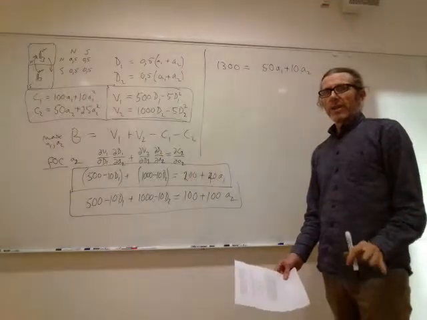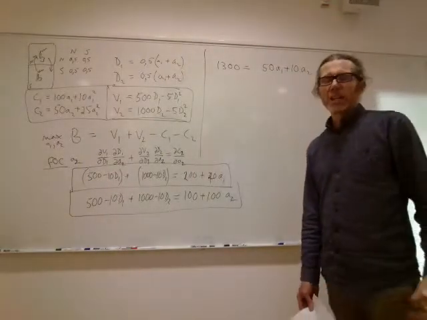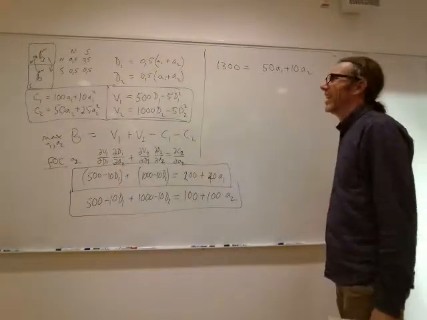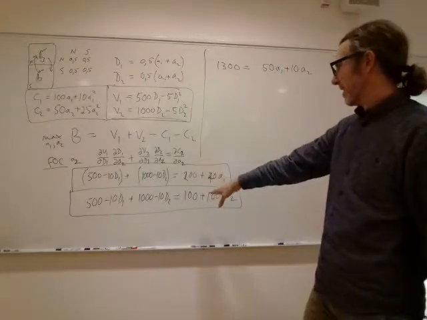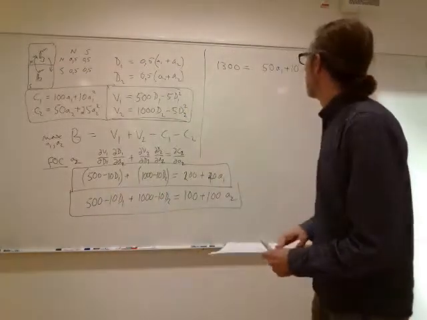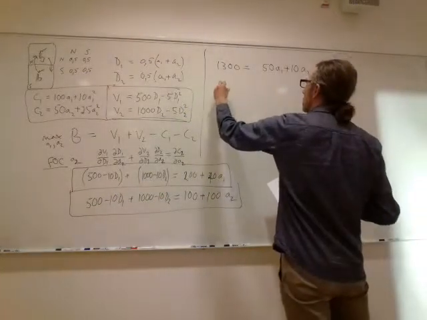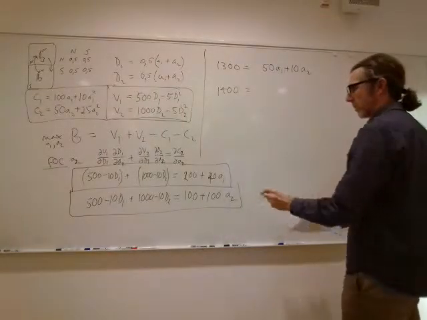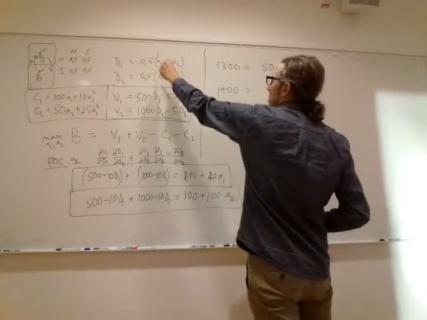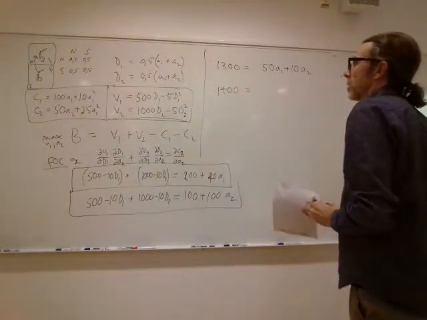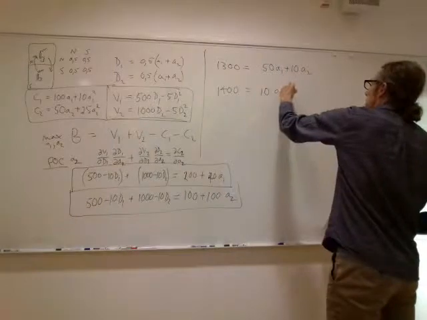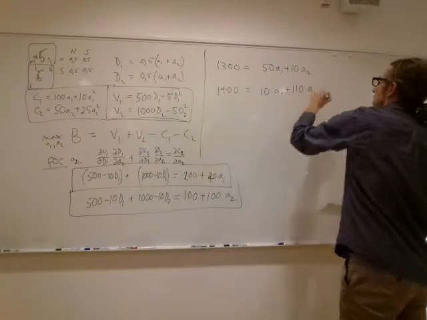If you imagine being in an exam, you should be taking more care than this. You've seen me making mistakes several times already. Here we've got 1500 minus 100, 1400 equals 100 A2 plus 10 D1 plus D2, so that's 10 A1 plus 110 A2.